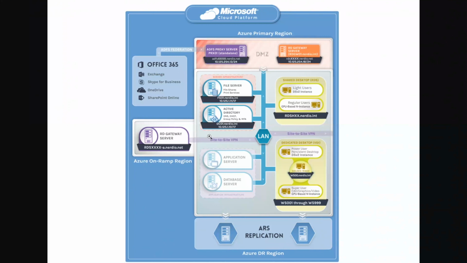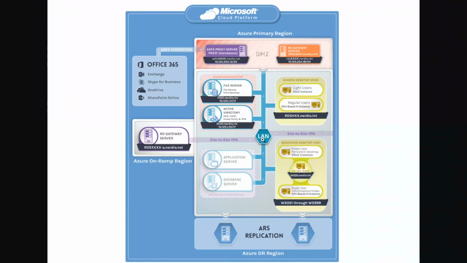Now, what we are lengthening is we're taking this desktop, putting it in the on-ramp region, which means we're moving it farther away from any data and applications that may be in the primary region. So imagine there is QuickBooks running on an application server. If you have a VM that's over here, it's communicating to that QuickBooks application, the QuickBooks data, over a local LAN, right?